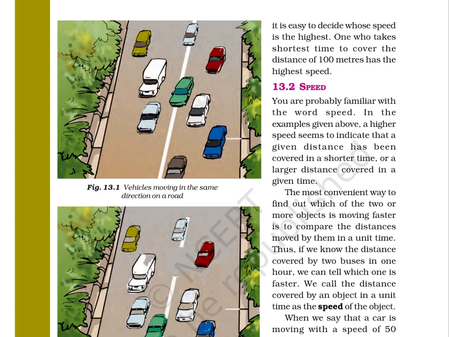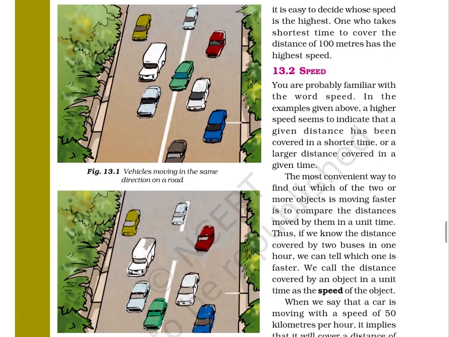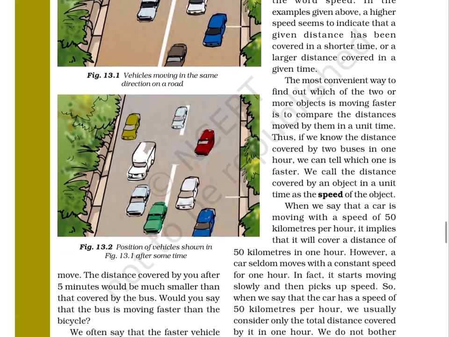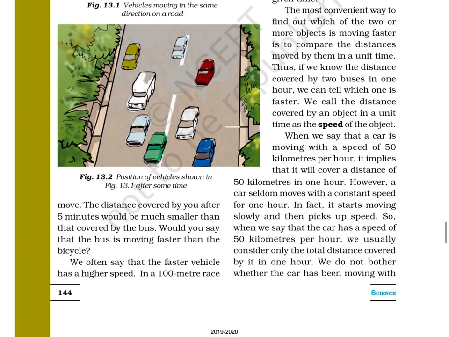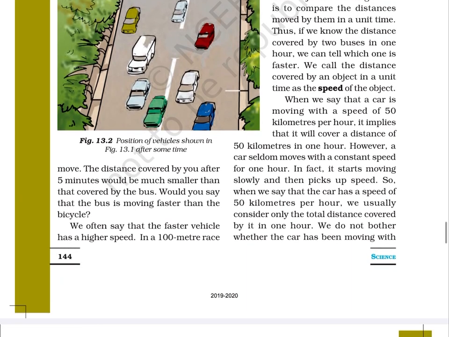The most convenient way to find out which of the two or more objects is moving faster is to compare the distance moved by them in a unit time. Thus, if we know the distance covered by two buses in 1 hour, we can tell which one is faster. We call the distance covered by an object in a unit time as the speed of the object.